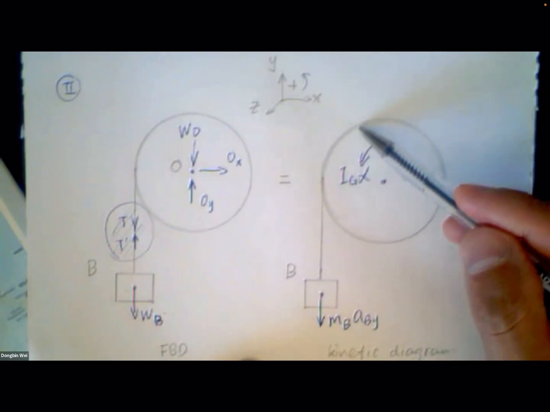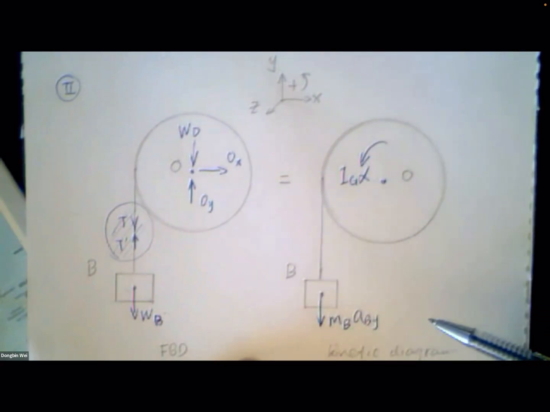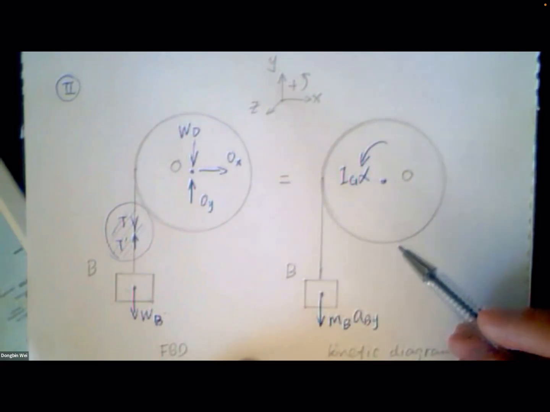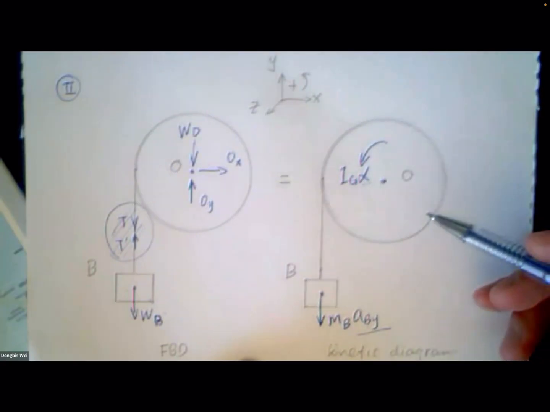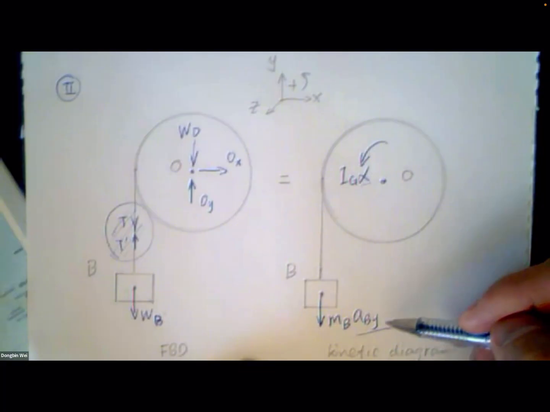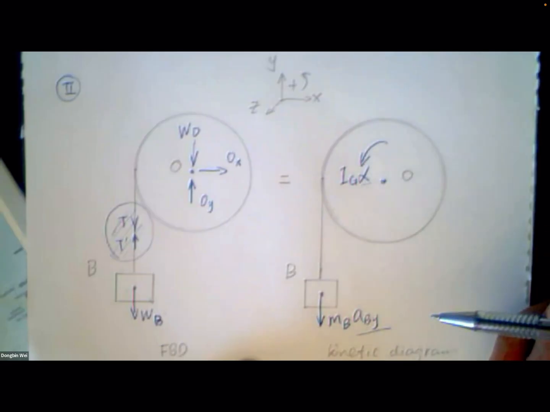If you consider this drum and this block in a system, you will find that alpha and a_By are related to each other. Alpha and a_By are not independent. They depend on each other.